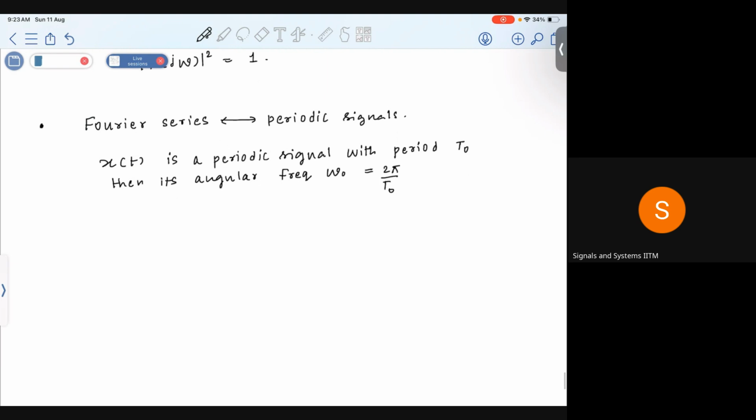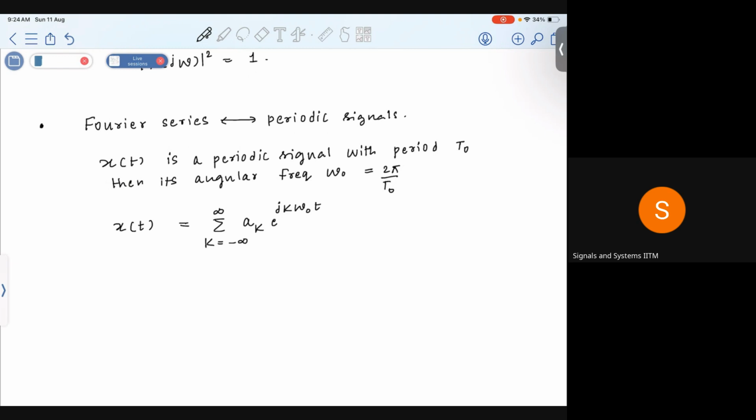Then this x of t can always be represented as some infinite sum of complex exponential signals. So this is the definition of Fourier series.